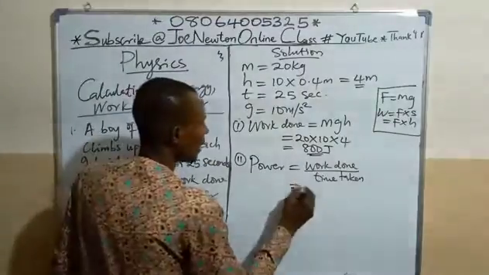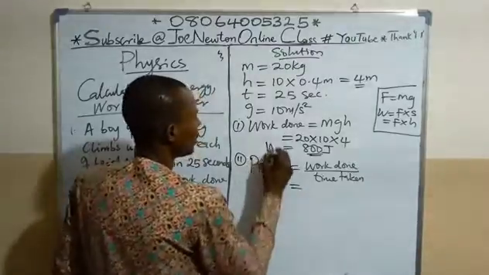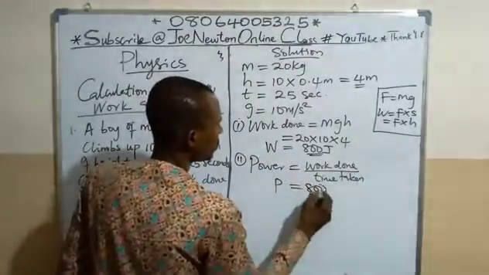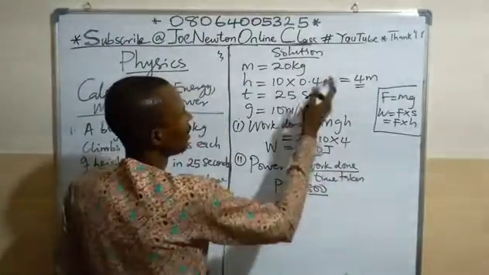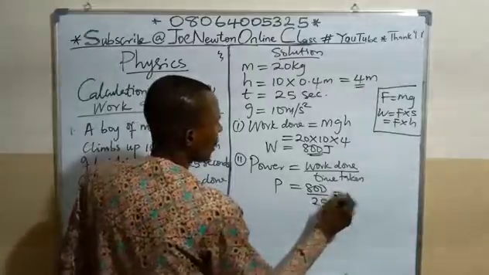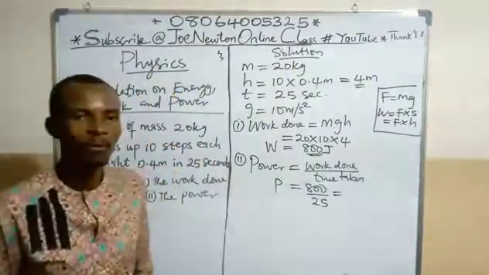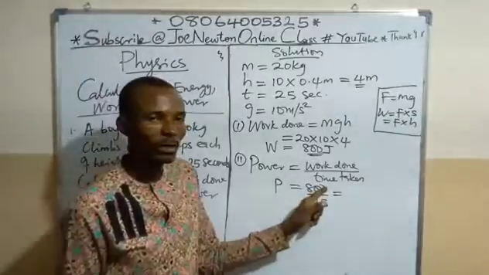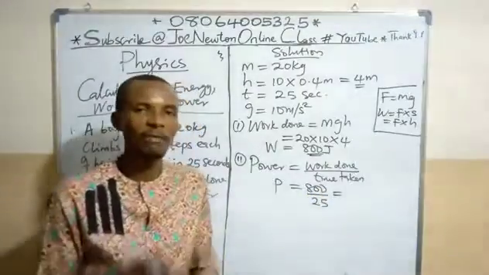So our power here is, our work done is 800 divided by the time taken, 25 seconds. We can divide this even without a calculator. Remember, any number ending with 0 or 5 is divisible by 5.